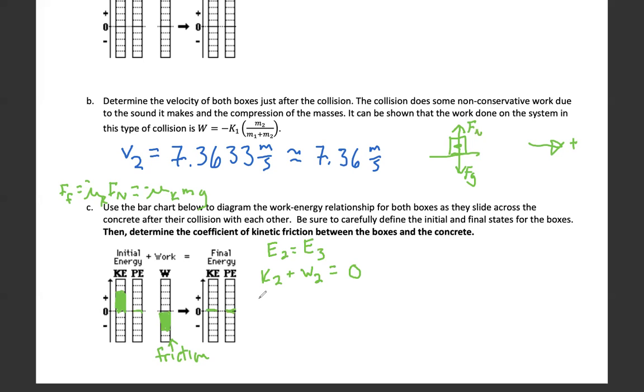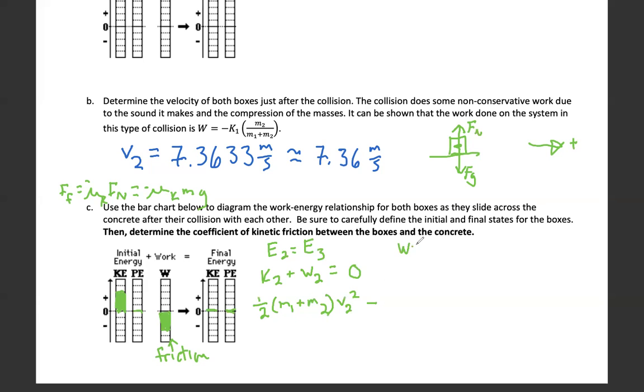So this is 1/2 K2 would be M1 plus M2, the total mass, V2 squared minus the work, which is the force times the displacement.